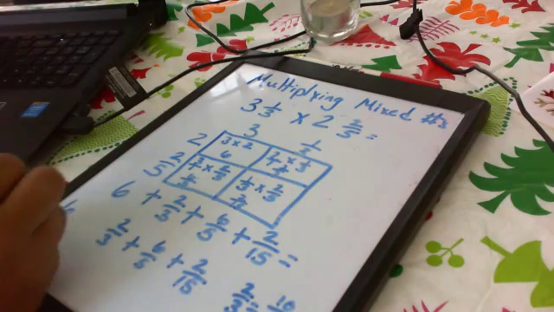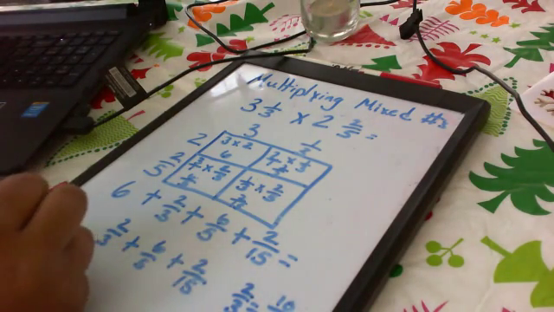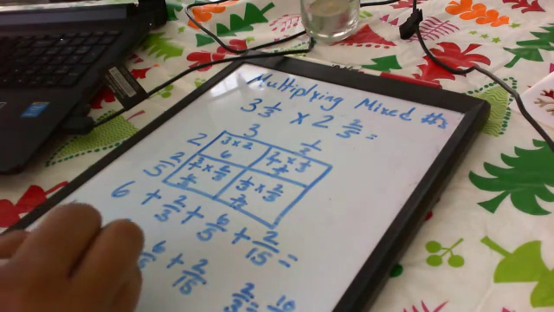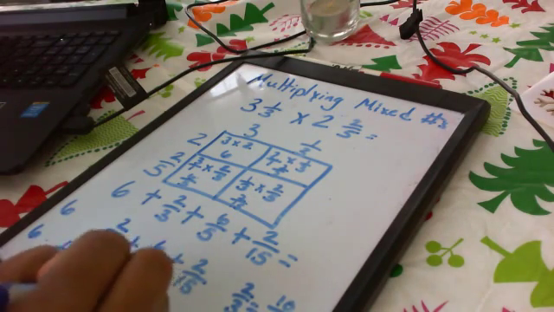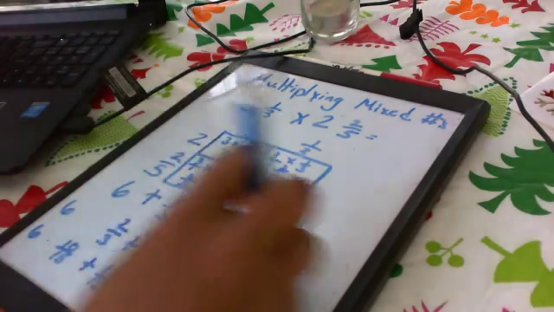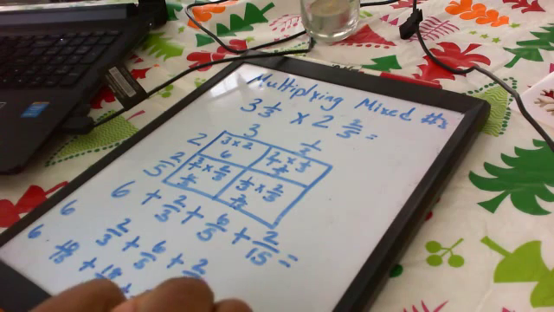So now I bring my 6 down because he's just relaxing over here on the side for now. And I have 10/15 plus 18/15 plus 2/15. When I add all of that together, that is going to give me 30/15.